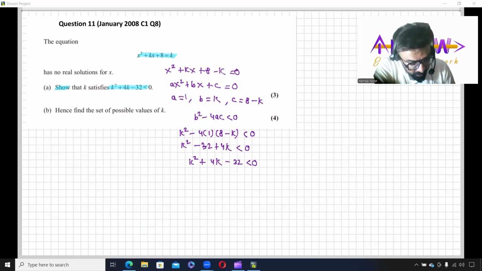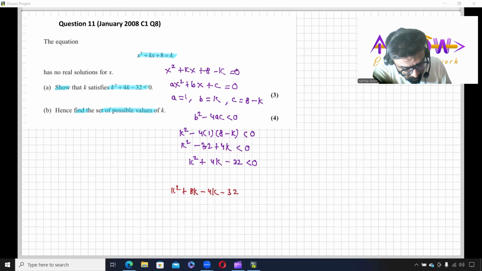All right, and then in part B, it says: hence find the set of possible values of k. In the same way, you are going to solve the quadratic inequality over here. So 8 times 4 is 32. After subtraction, you need to get 4 in between. So k square plus 8k minus 4k minus 32 is less than 0.